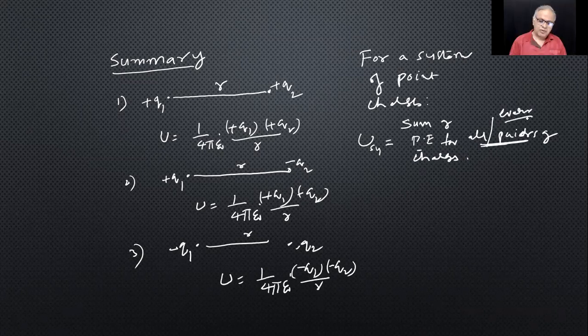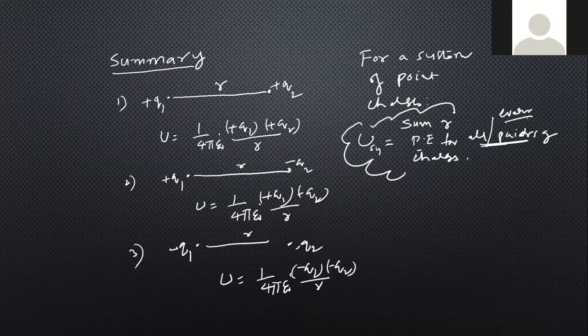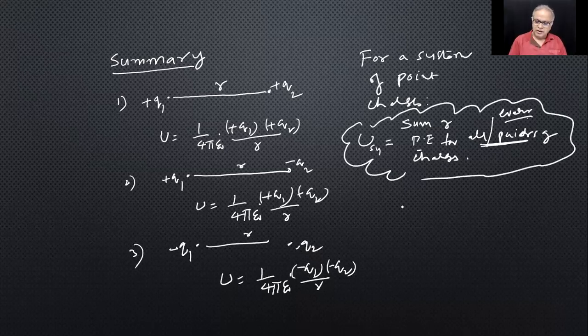So for every pair you find out and add. That will give you the potential energy of the whole system.